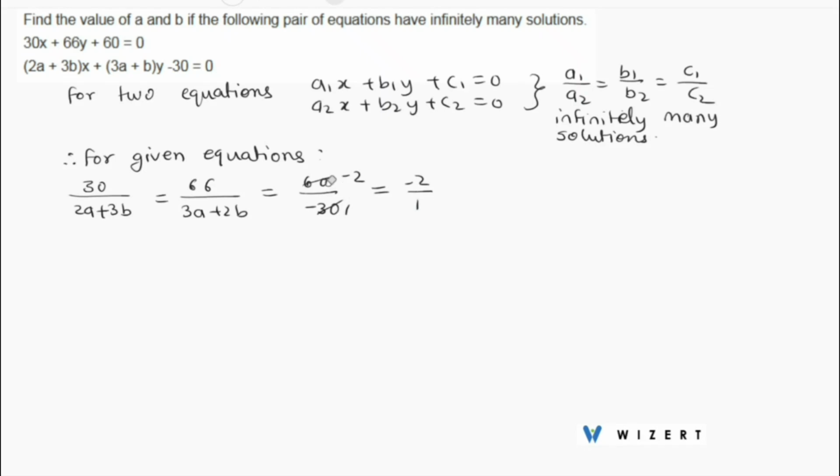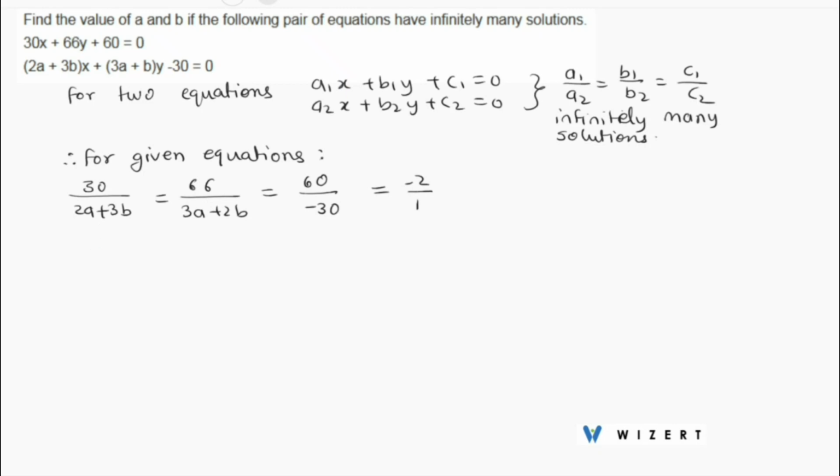Now let's see what we can do. We can remove this minus 2 by 1. Now we can form two equations in a and b variables to find the value of a and b.